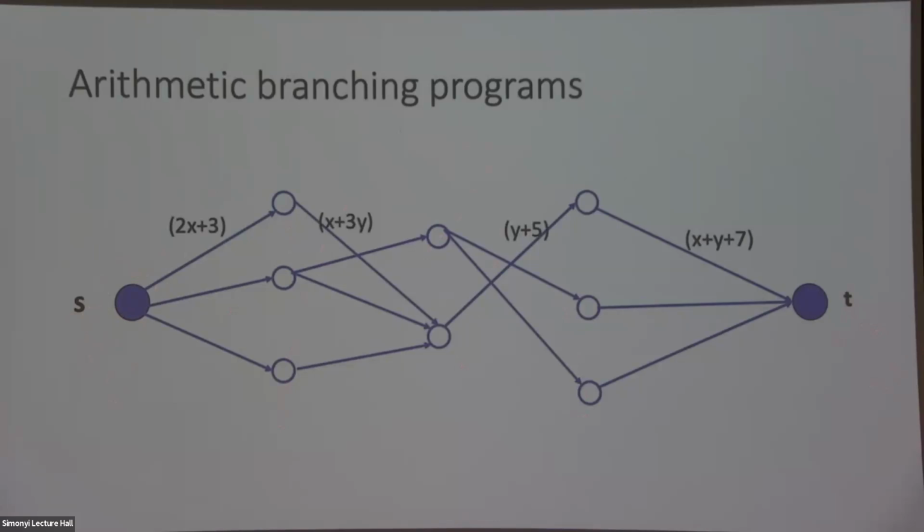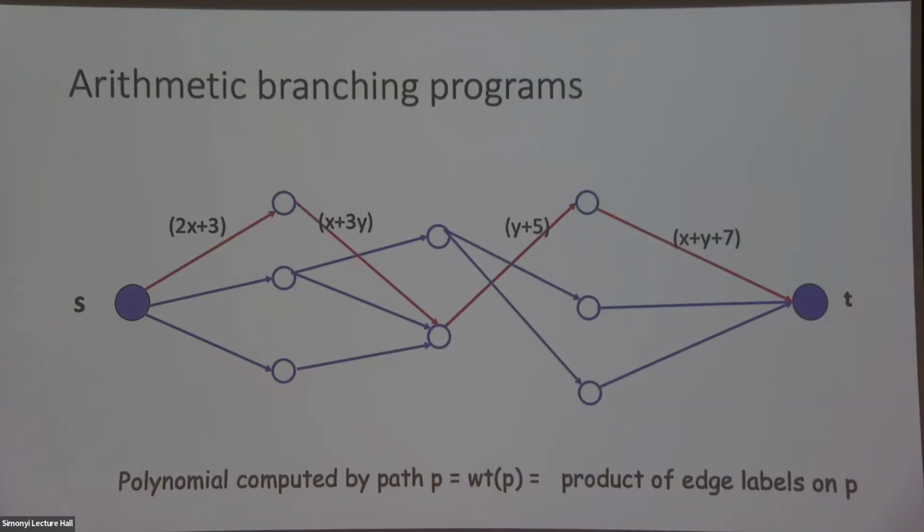You write an affine linear form on each wire. And for every path from input to output, you can look at the product of the linear forms along that path. And that computes some polynomial. And then you sum this over all possible paths from input to output. That's your final output polynomial.